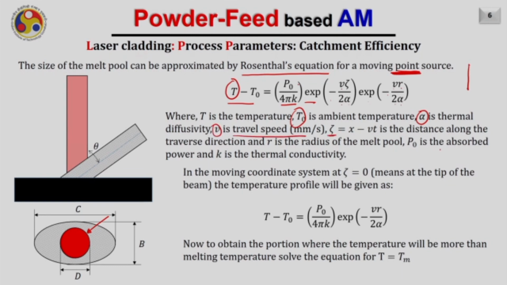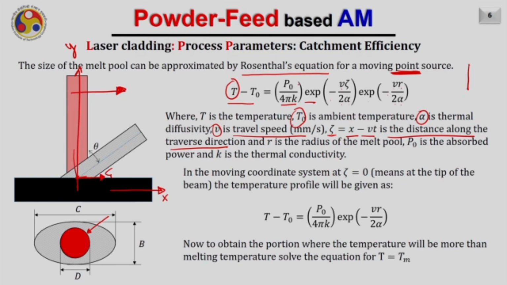xi is nothing but x minus Vt, and it is the distance along the travel direction in which you are moving your laser beam. For example, you are moving in this direction, so xi will be measured in this direction. If this is my coordinate x and this is my fixed coordinate y, then I am assuming a coordinate system on the moving spot of the beam, and that I am writing as xi here.